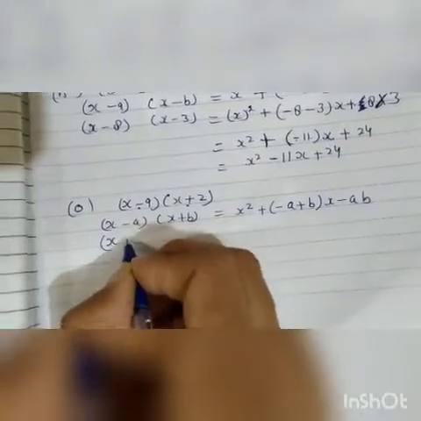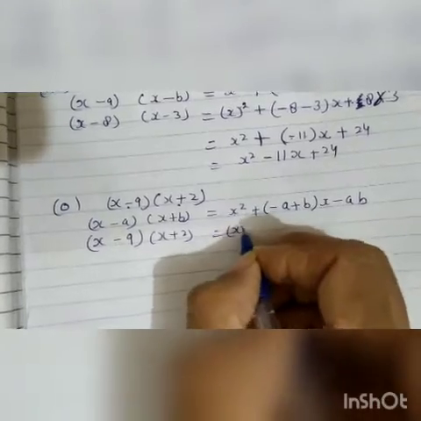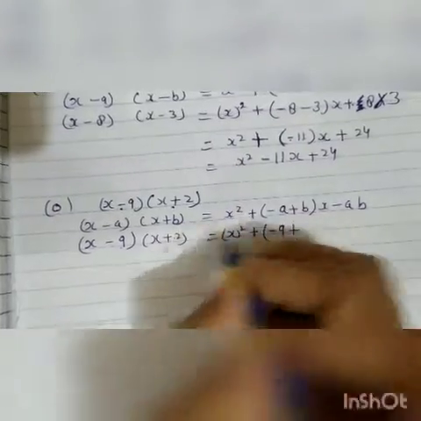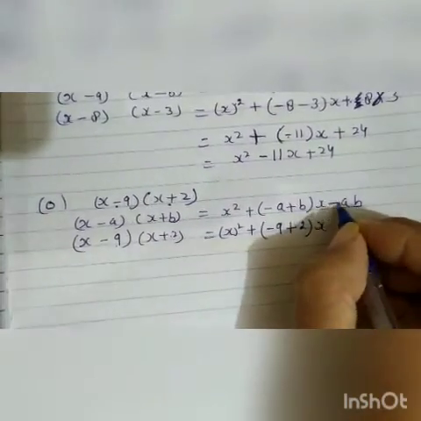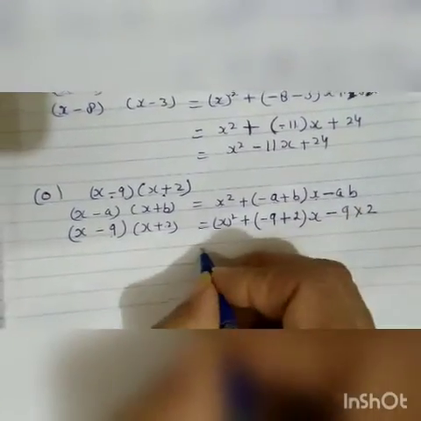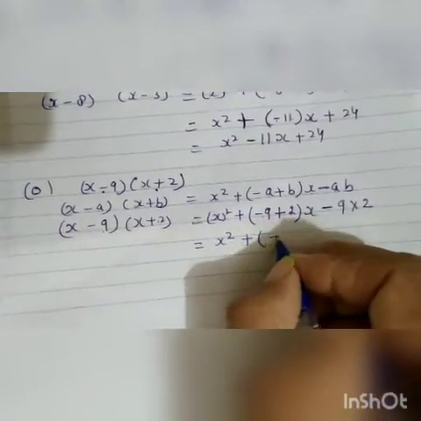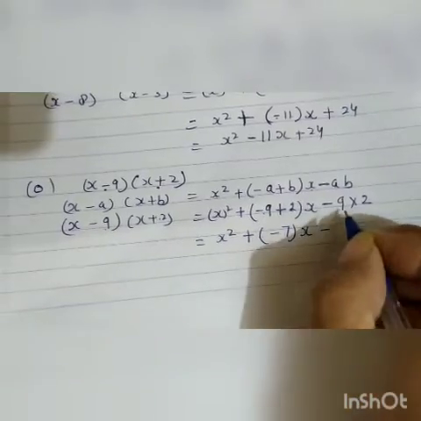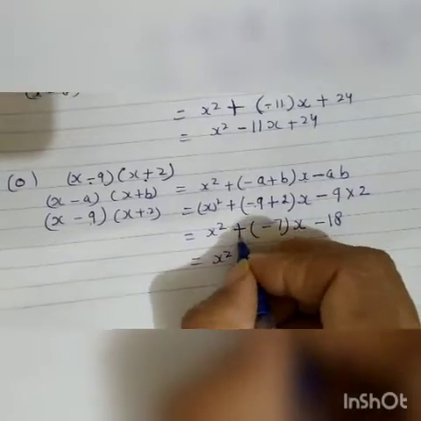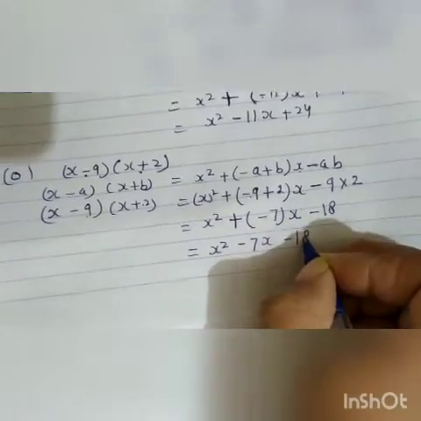Now write the question. (x minus 9) into (x plus 2). It will be x whole square plus (minus 9 plus 2) into x minus ab. What is a? a is 9 into b, b is 2. So it will be x square plus minus 9 plus 2, minus 7, into x minus 9 twos are 18. So x square, outside this bracket there is a plus sign, so it will remain as it is, minus 7 into x, 7x, minus 18.